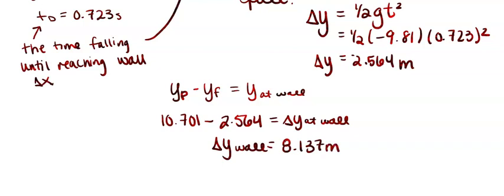We get that when we reach the wall, the ball is going to be 8.137 meters in the air. So this means that we definitely are going to clear the wall.